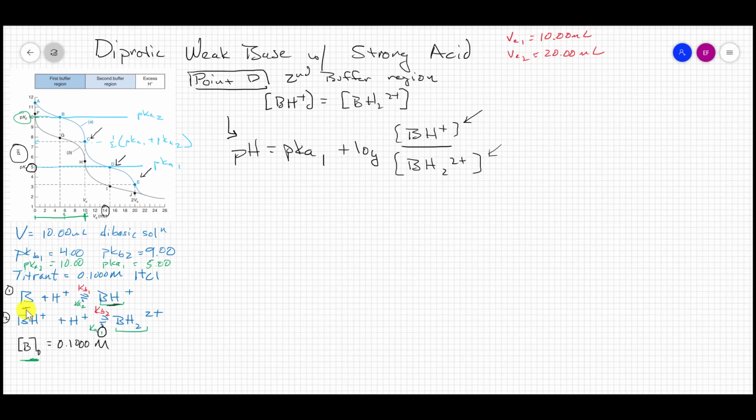And so if you're thinking about that relatively, you would have 6/10 over, in this case, our 4/10. And so it'd be 6/4, and you would solve that. That would give you pH. So that's a really handy trick when computing these things really quickly. This same sort of fractional approach would have worked in point B as well, thinking about the fraction of distance that you've come along that first equivalence, which is 10 mils.